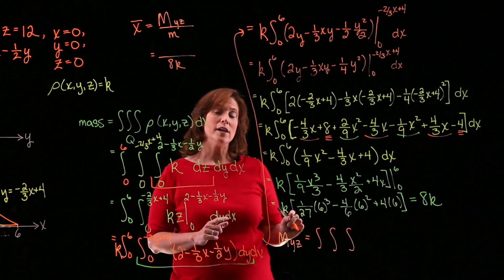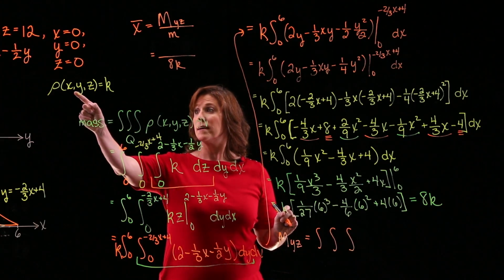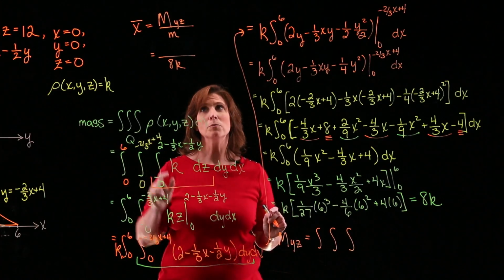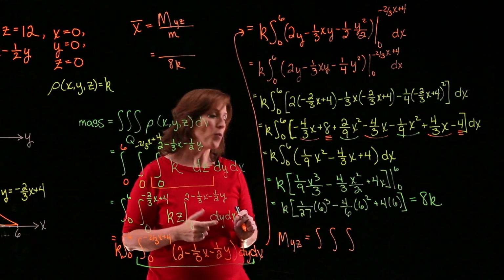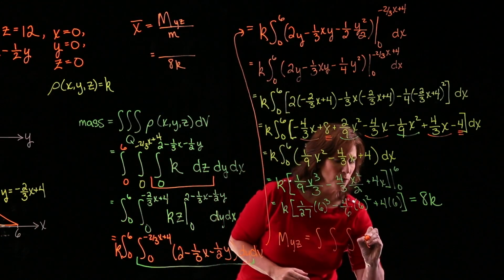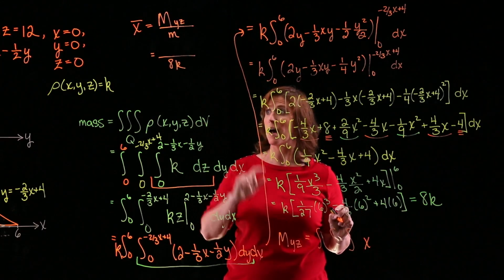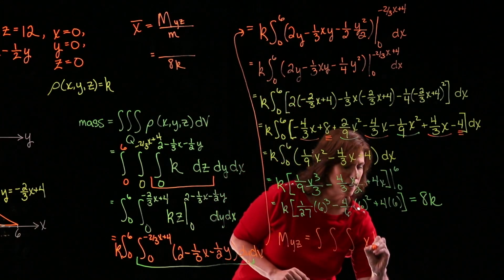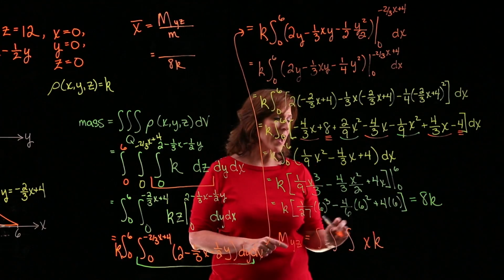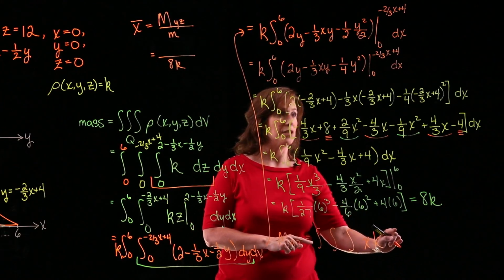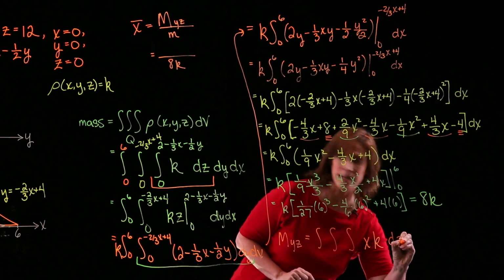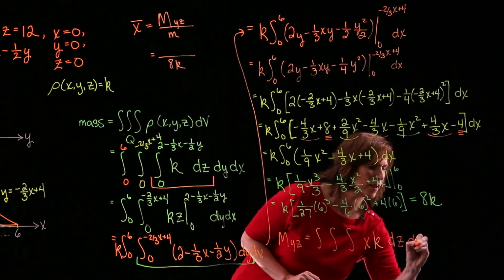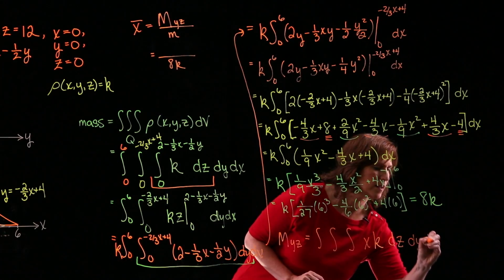But this time I want to take that density function and multiply it by the distance to the yz plane. The distance to the yz plane is x. So I'm going to have x times my density function, and then I need to set up my order of integration. I'm going to use the same order that I did before, so that's dz dy dx.